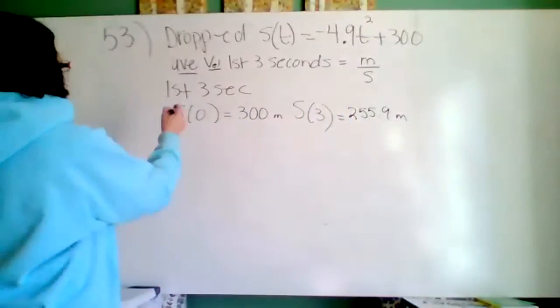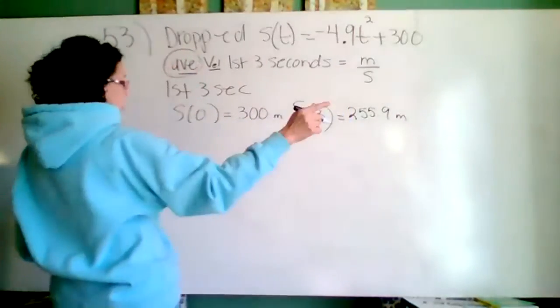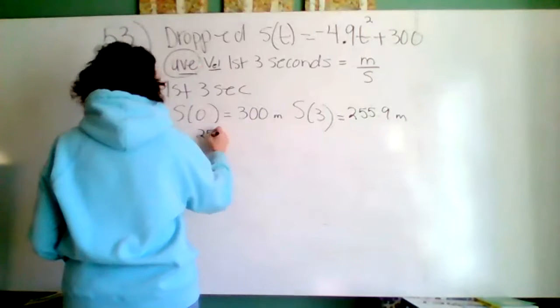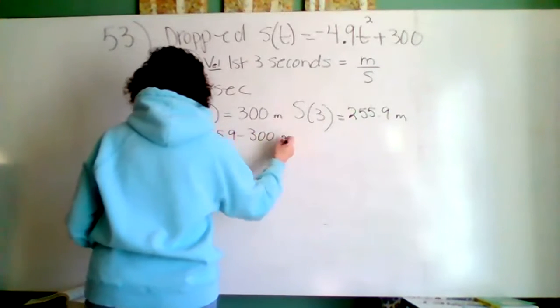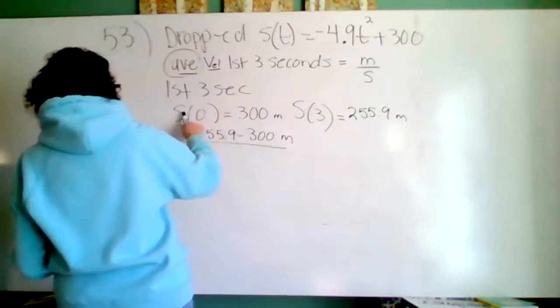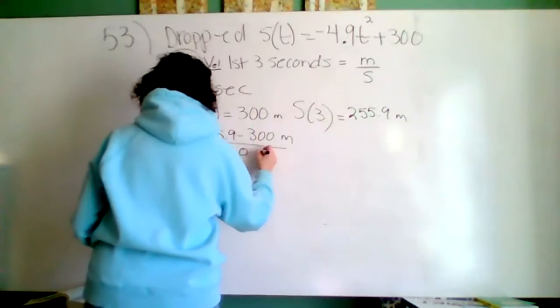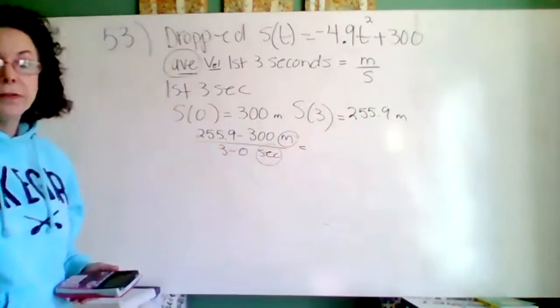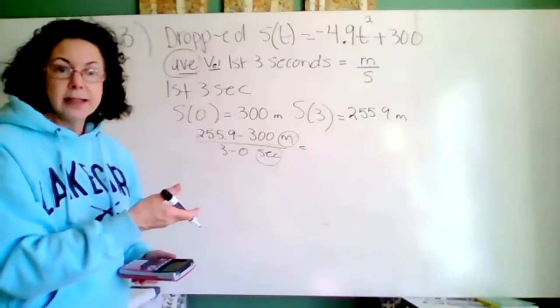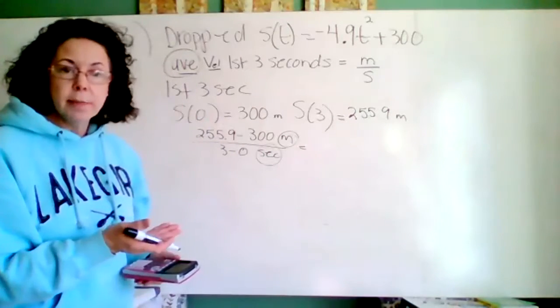So now if I do the slope formula, because it says average, that would be 255.9 minus 300. These are meters, all over 3 minus 0. And these are seconds. And you can see then that I must have average velocity, because that's what the units come out to.